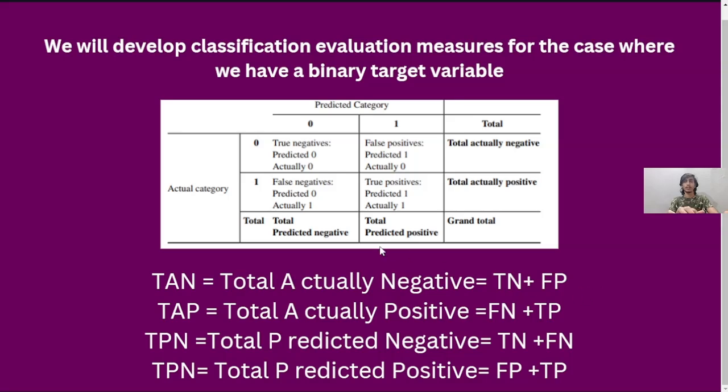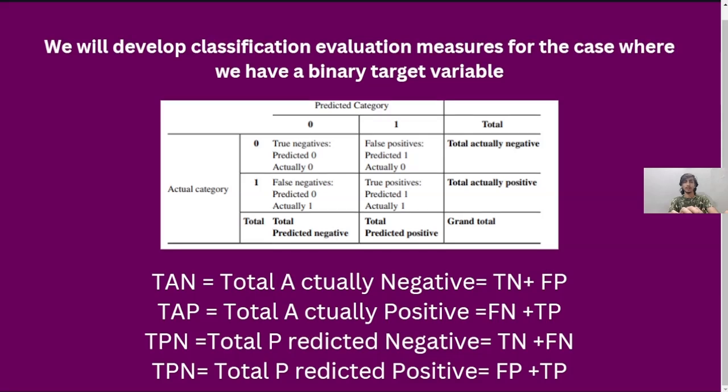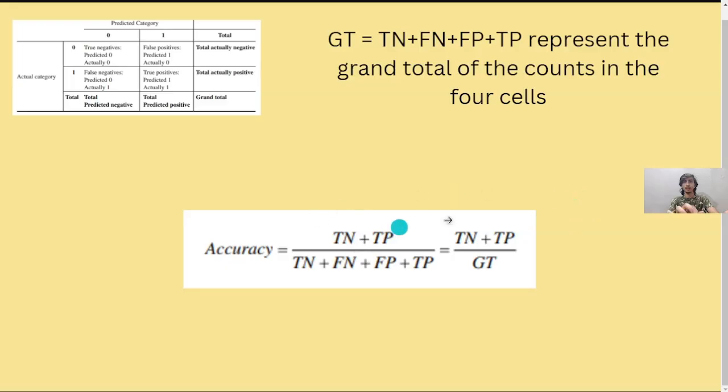And accuracy is the sum of true negative plus true positive divided by the grand total of the counts in the four cells. This is the formula of accuracy.